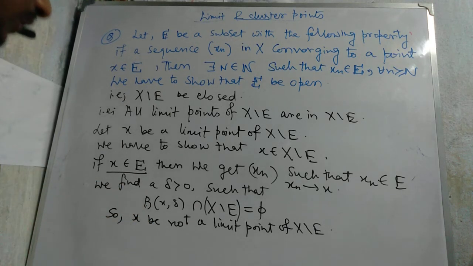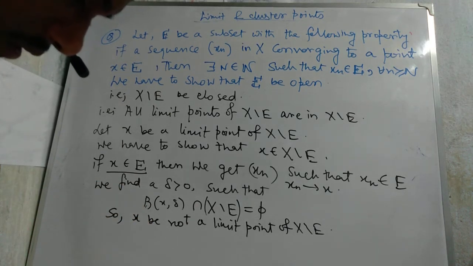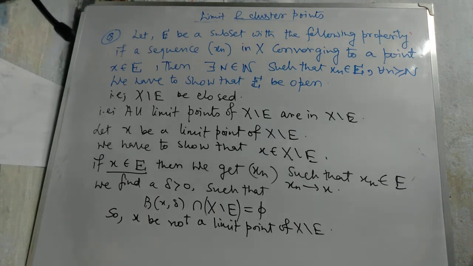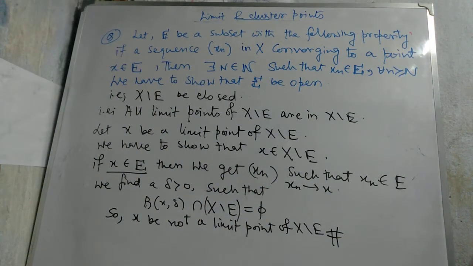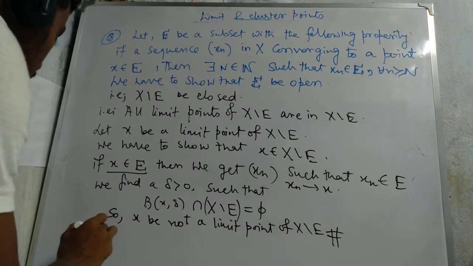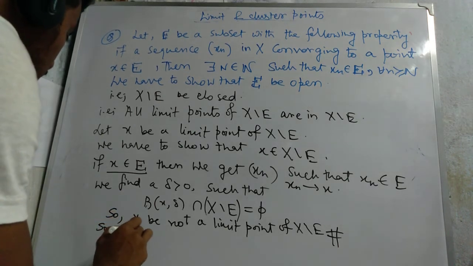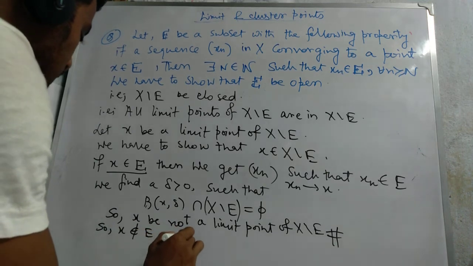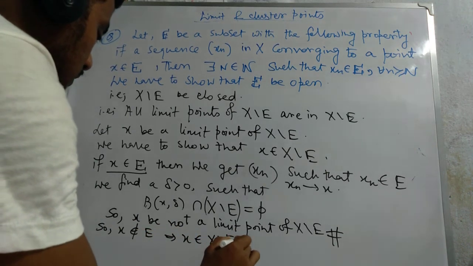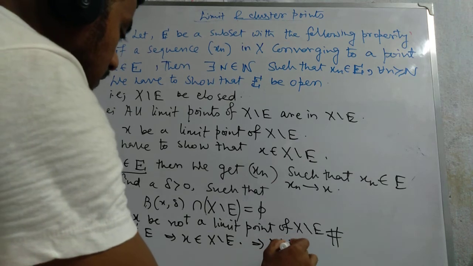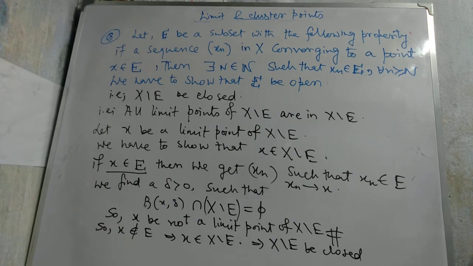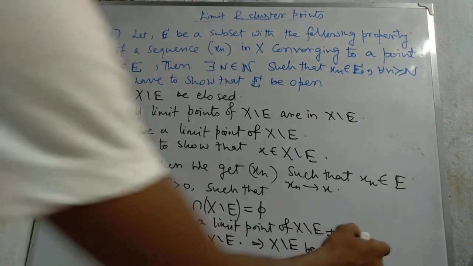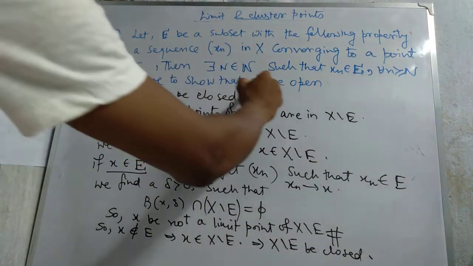Then x is not a limit point of X difference E. So this is a contradiction because x is a limit point, so obviously x does not belong to E. This implies x belongs to X difference E. This implies X difference E is closed. Okay. Hence E is open.